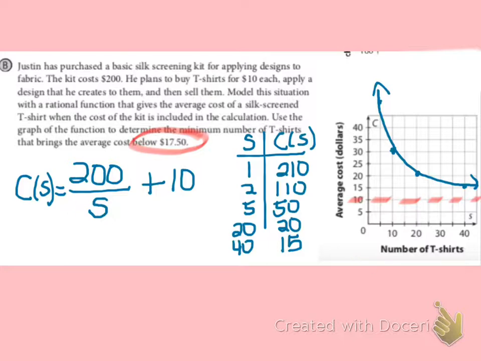So again, to answer the question, we're a little ahead of just graphing. We're really solving an equation if we want to know when it dropped below 17.50. What we could do is put that 17.50 in for the cost, and I could have done that with the last question too.